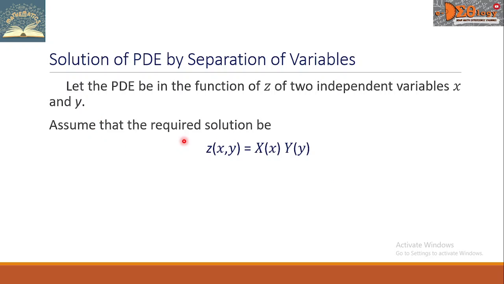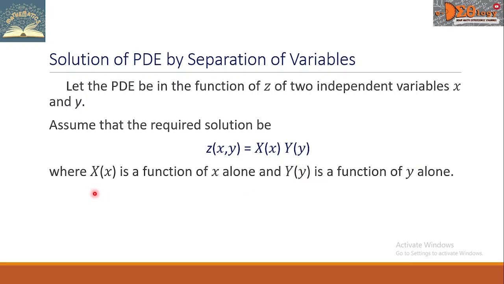Assume that the required solution be z(x, y) equals capital X of small x times capital Y of small y, where capital X of small x is a function of x alone, and capital Y of small y is a function of y alone.